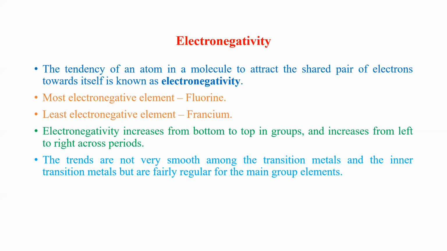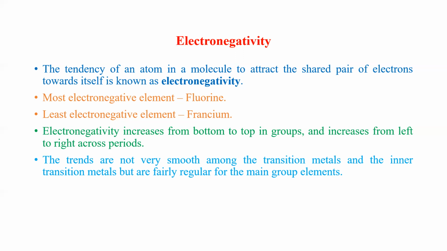So at the leftmost we have less electronegative elements, whereas at the rightmost of the periodic table we have highly electronegative elements. Similarly, in the groups, the bottom elements have less electronegativity and the top has more electronegativity.